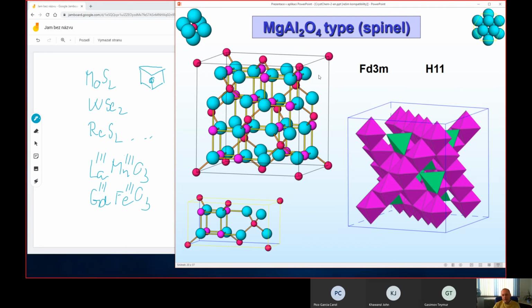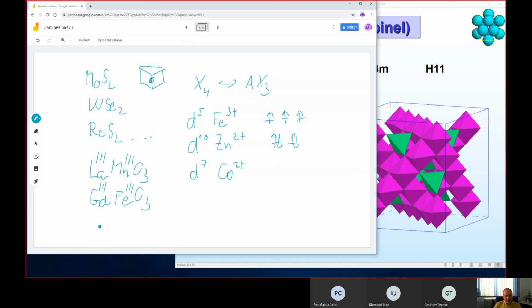As concerns the interpretation of the structure in terms of polyhedra, we have these ribbons or chains of octahedra which are edge-shared, and they are interconnected by tetrahedral sites, which are in green here. And we have two types of spinels.